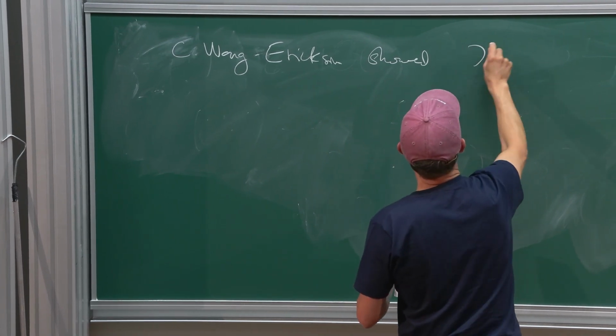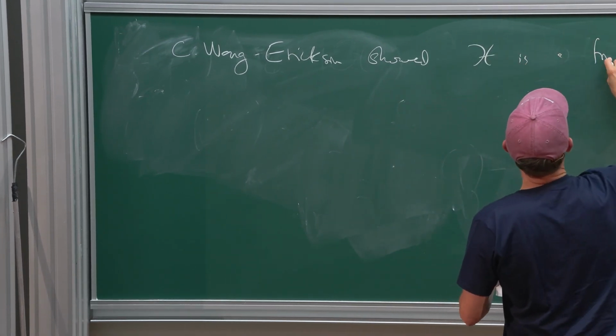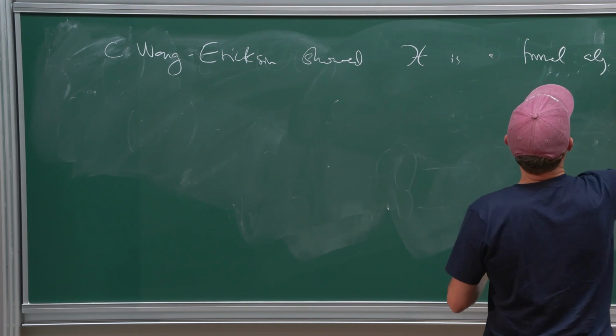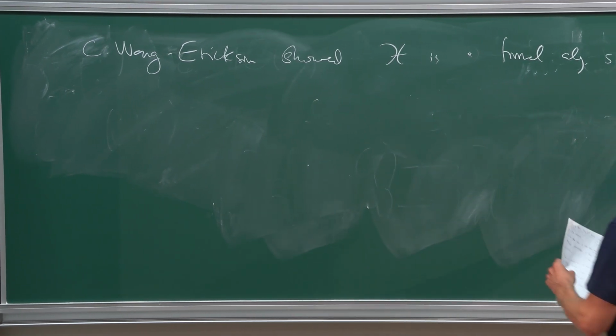So Carl and Erickson showed that X is a formal algebraic stack, essentially.